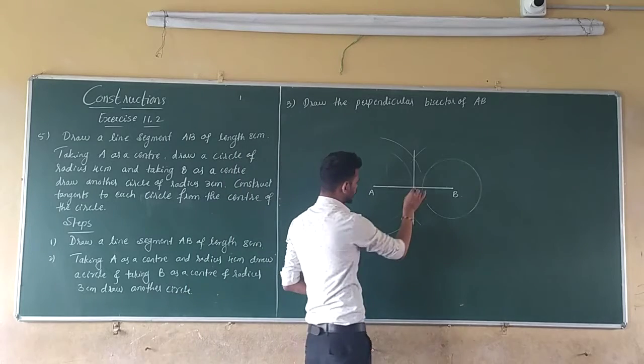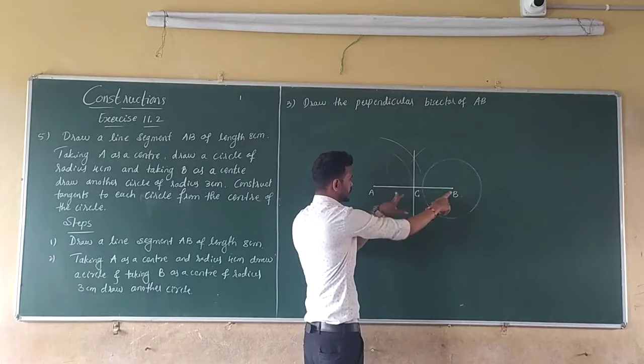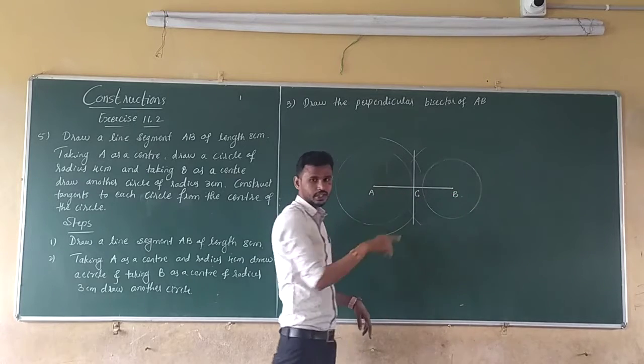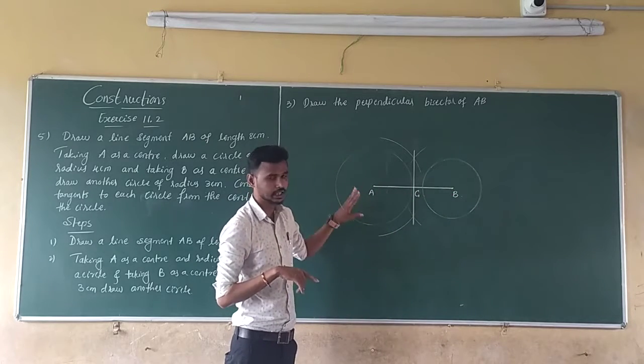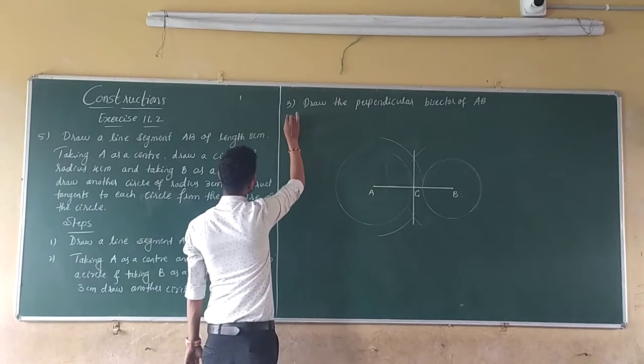Next, using the compass with C as a center and AC or BC as a radius, draw the circle to intersect the given circles at the points. So now write that step 4.